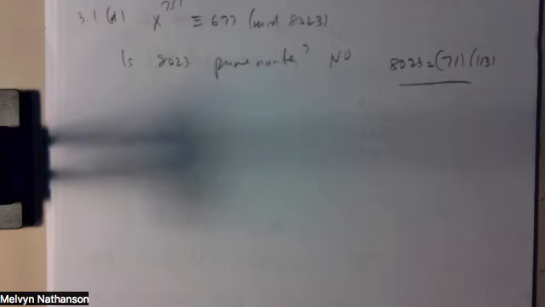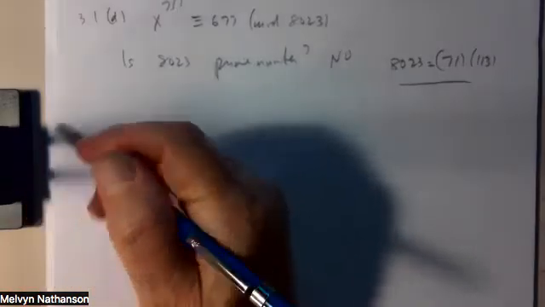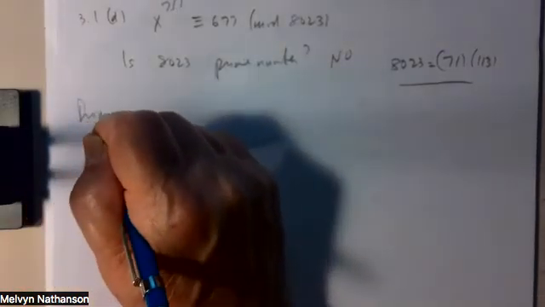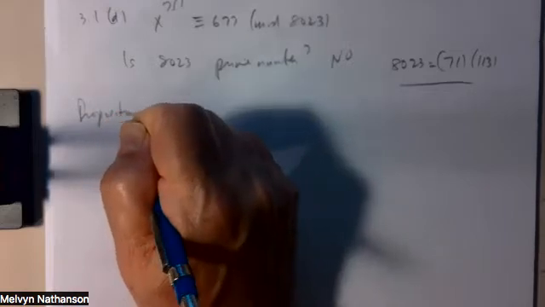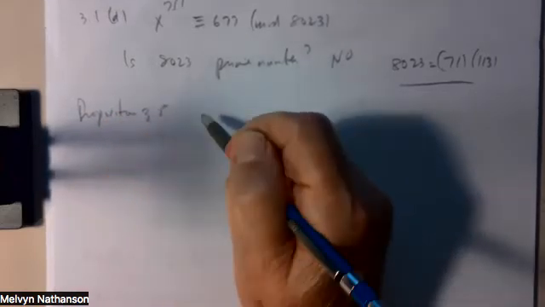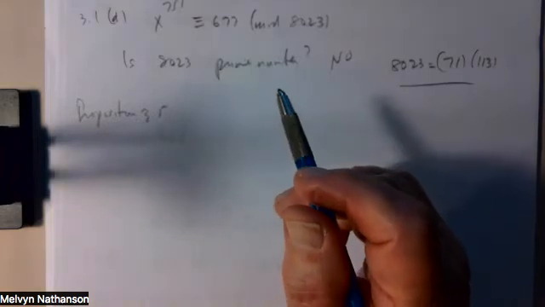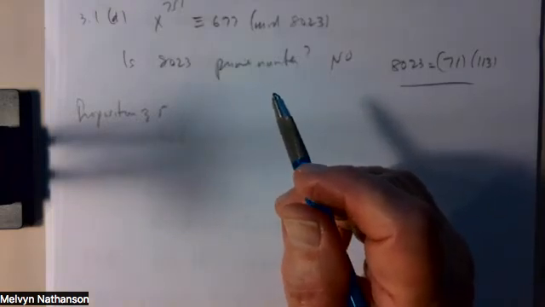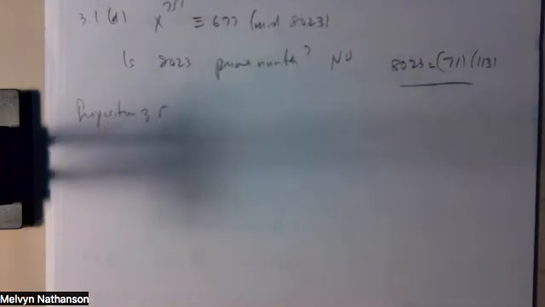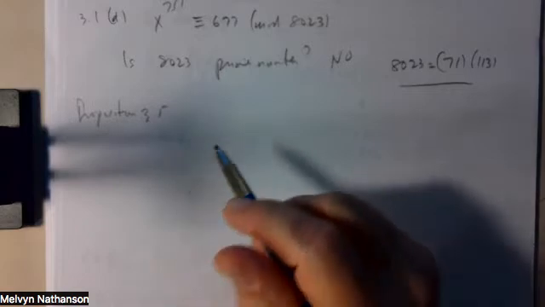There is a kind of a solution given in proposition 3.5. I'm not going to write it in the order in which it's written in the book, but let me write it in the order which is useful to us.